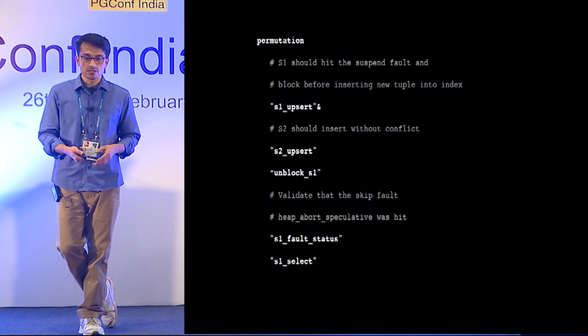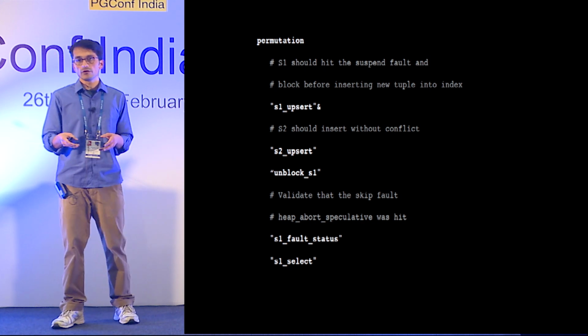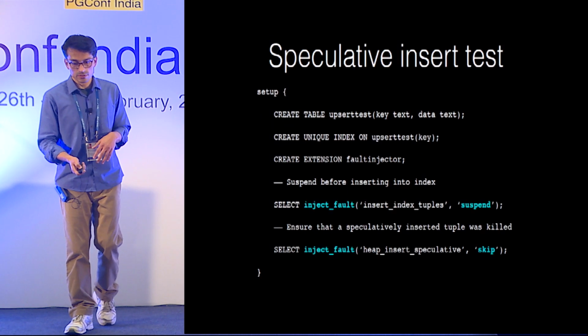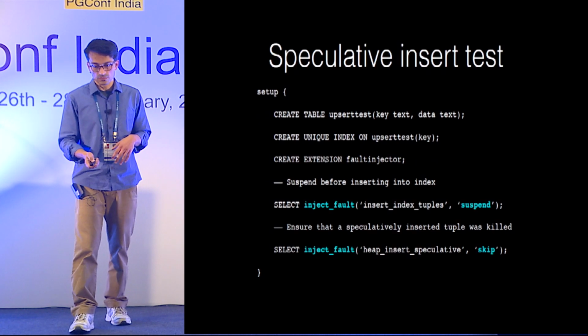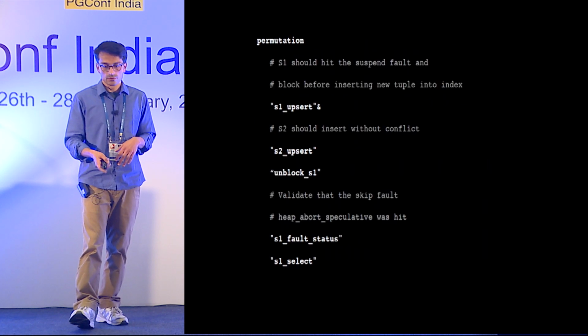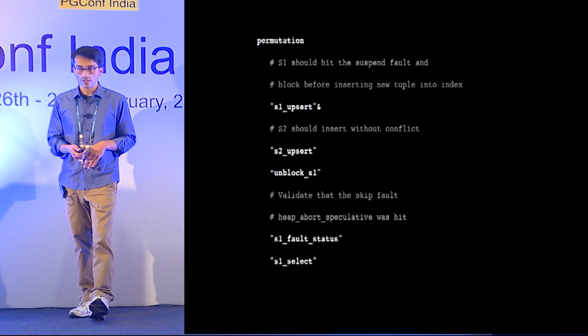So yeah, this is how simple it looks. And if you have time, do take a look at the other test that I mentioned here, which is currently committed on master. This one is very complex. So yeah, this is our speculative insert test case.